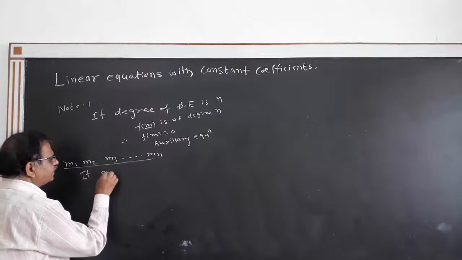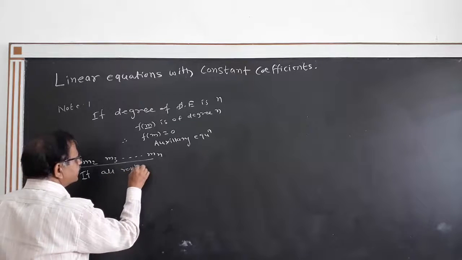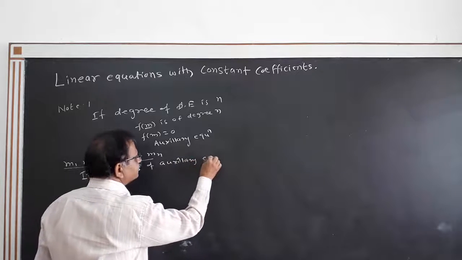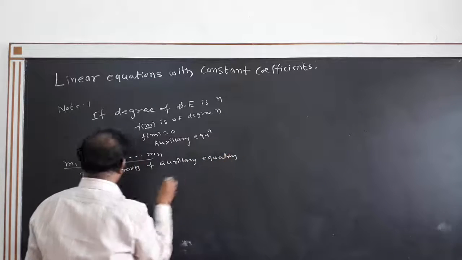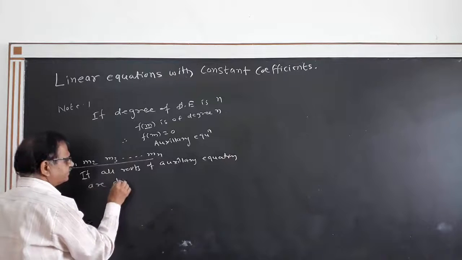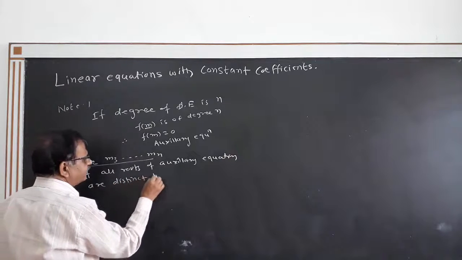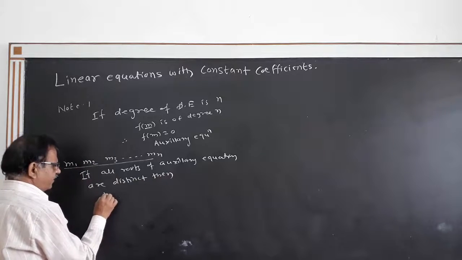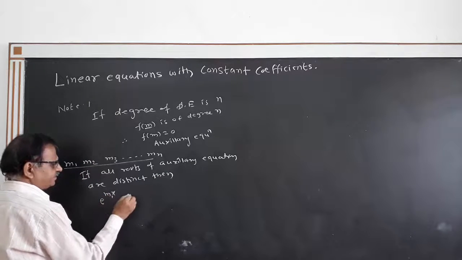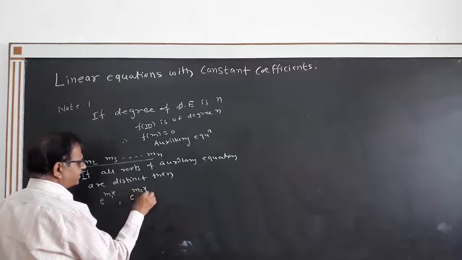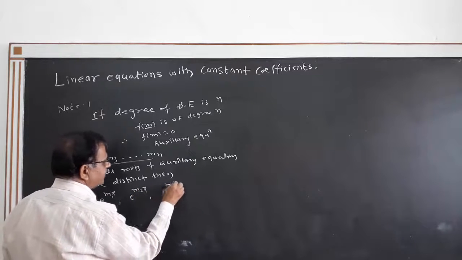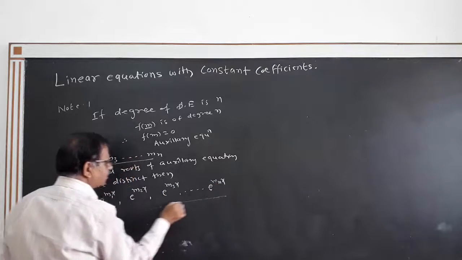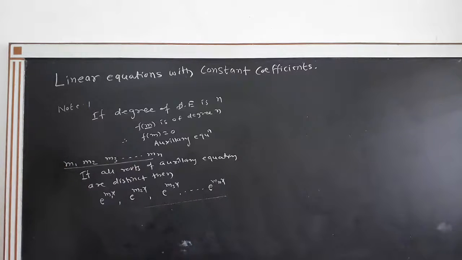If all roots of auxiliary equation are distinct, then e raised to m1x, e raised to m2x, e raised to m3x, and so on, e raised to mnx are the solutions of this differential equation.